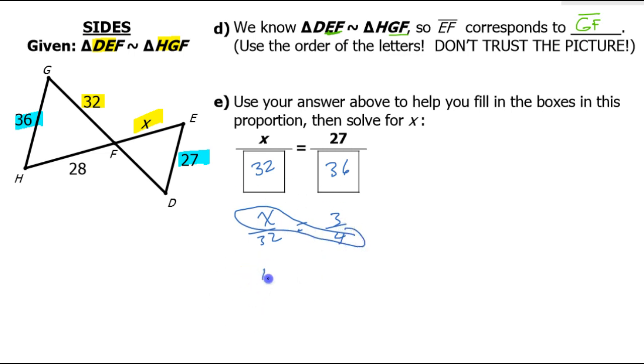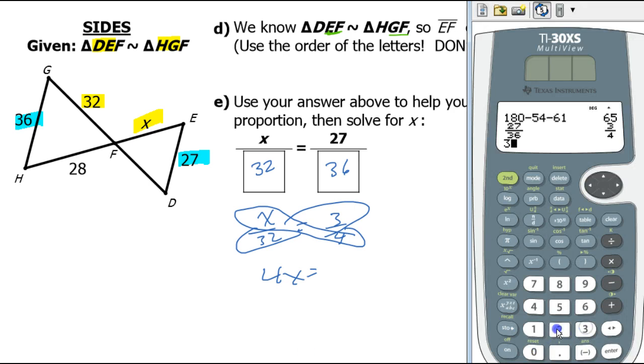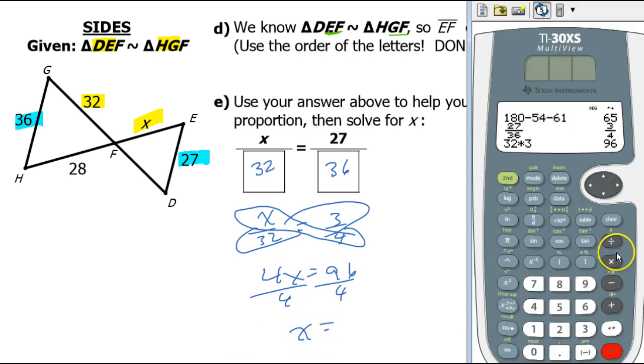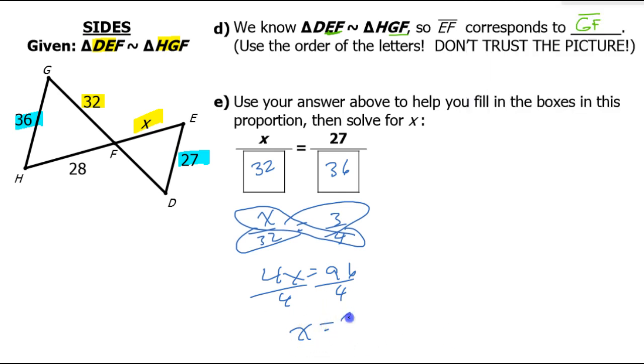So we have 4x equals 32 times 3, 96. And then we have to divide both sides by 4. And that's 24. So x is equal to 24.